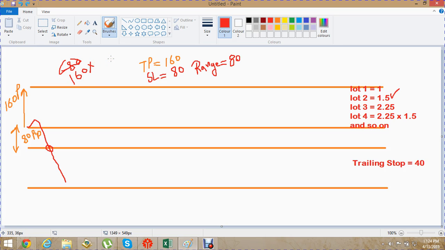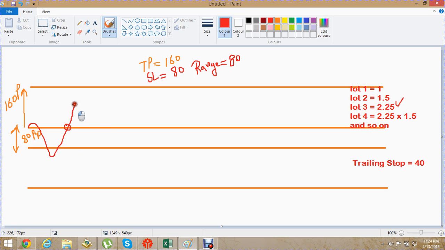And let's say even this time the market didn't go in your favor, and as you were thinking that my first trade hit the SL value, now my second trade will hit the take profit, but this didn't happen, and the market went up, and when it reaches the SL value for the second trade, you will place your third trade, which will be a buy trade with a lot size of 2.25.